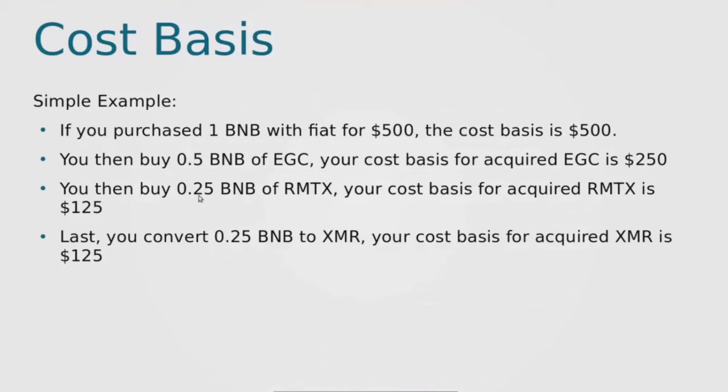If you buy another 0.25 BNB of RMTX and another 0.25 BNB of XMR, your cost is 125 each, because that's 1/4 of 500 and then another 1/4 of 500. So you've just cleared out that one BNB. That's about as nice and tidy as it gets. These are all nice, simple, round numbers too. So any questions on that?